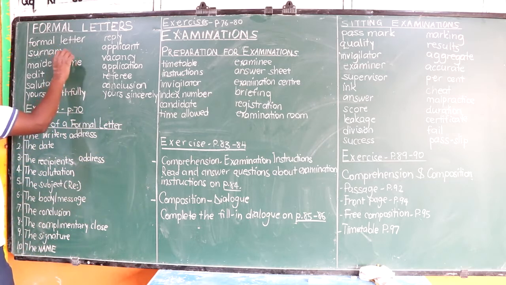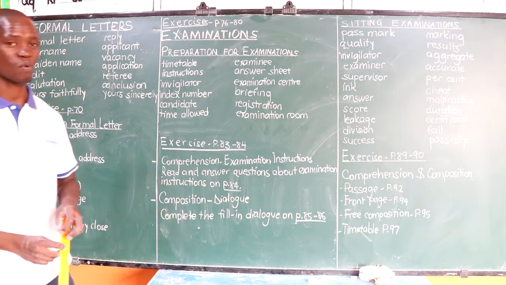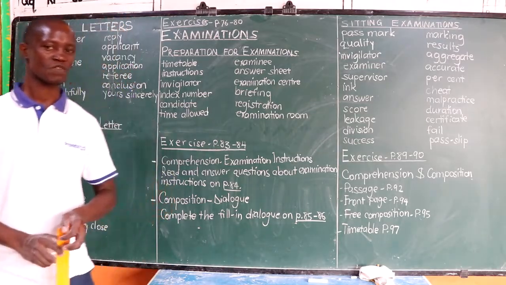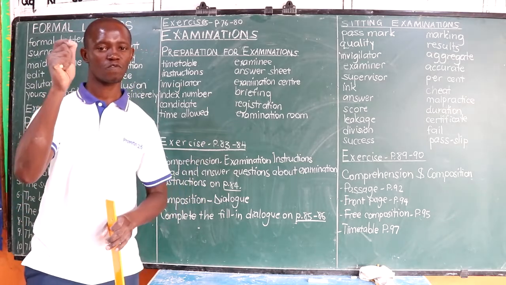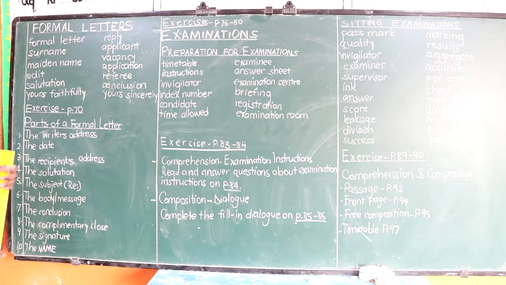Some of these words. We see the term formal letter. A formal letter is a letter you write to people, especially those people who are in offices. Unlike an informal letter which is written to friends, relatives, or any other people you know very well, a formal letter is written with a specific purpose. And in most cases, we are going to see the purpose of writing formal letters.